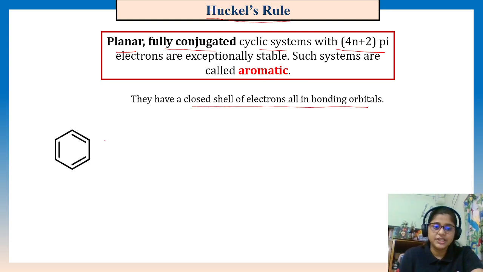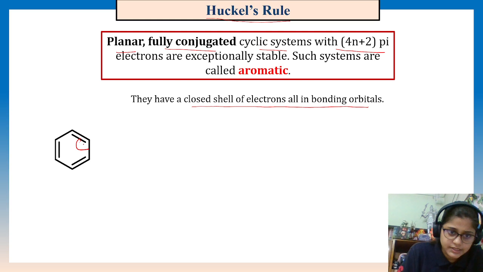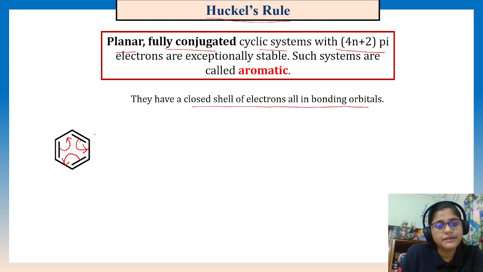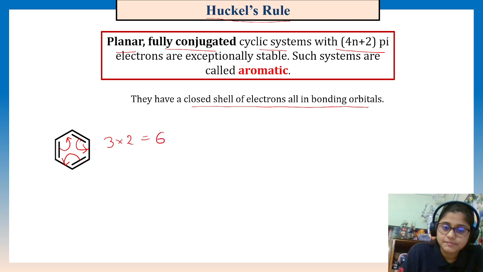Coming to benzene, let's talk about these conditions. It is planar, obviously. sp2 carbons are there. Planar, fully conjugated, yes, of course. This can go to this, this can go to this, this. So fully conjugated, right? Cyclic, obviously, with 4n plus 2 pi electrons. How? Pi bonds are 3, so pi electrons will be 3 into 2, which is 6.